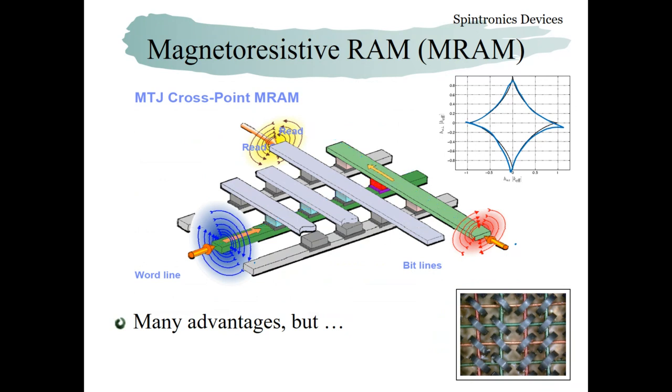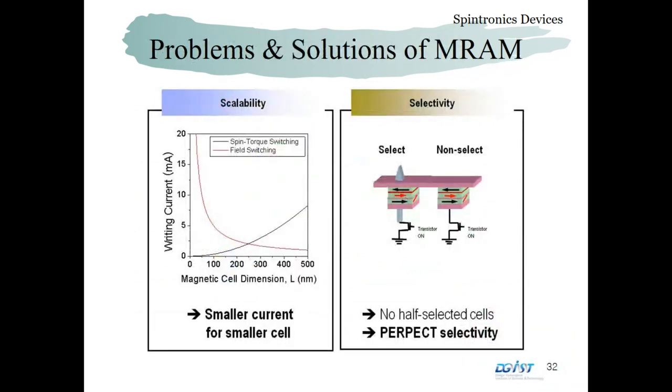But the truth is not that simple. There are some unwanted switchings, and finally, the industry gave up developing this MRAM because of many technical problems. There are many minor problems, but the two major problems are scalability and selectivity.